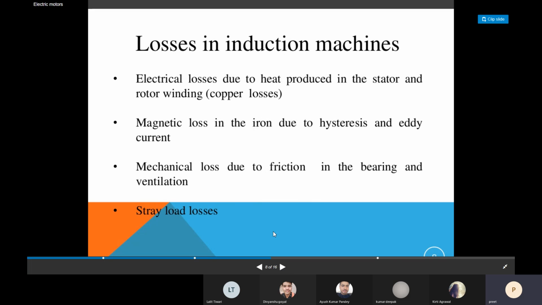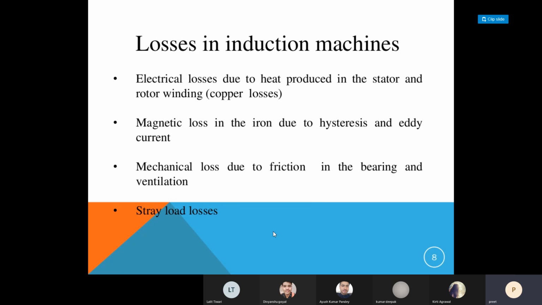And a big part of our load comprises induction motors. So we normally talk more about induction motors, as the type of motor on the load side is mainly the induction motor. So we will mainly focus on the losses in the induction machine.